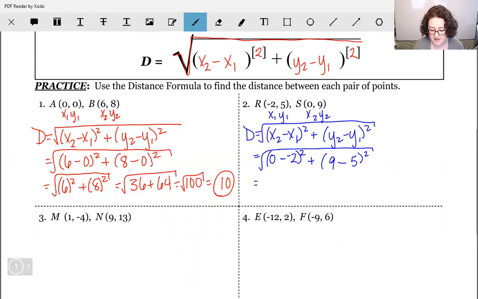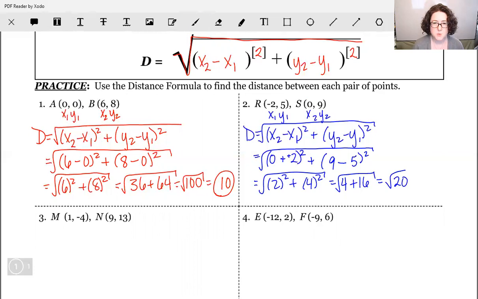So then we simplify: 0 minus -2, well, that's the same thing as plus a positive. So we're looking at 2 squared. And 9 minus 5 is 4 squared. Simplify that out, we're looking at 2 squared is 4, and 4 squared is 16. So we're looking at the square root of 20.